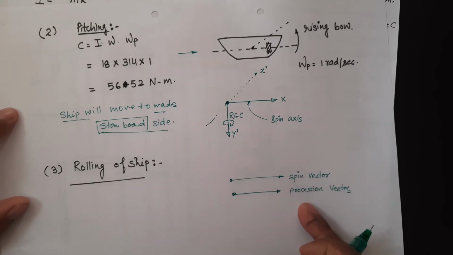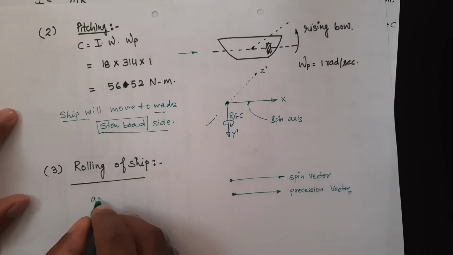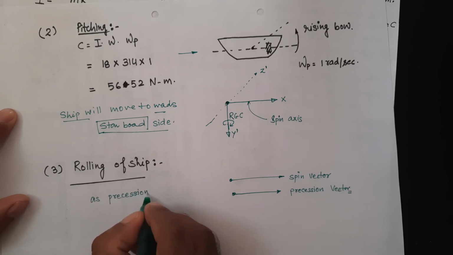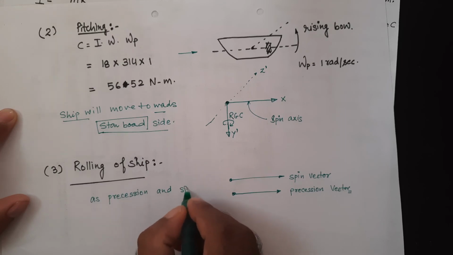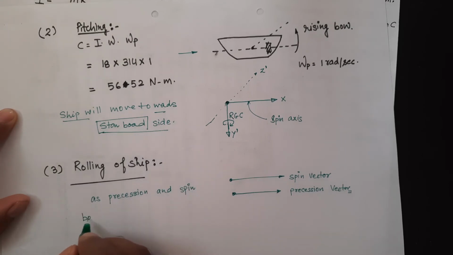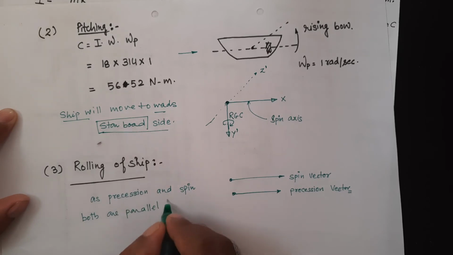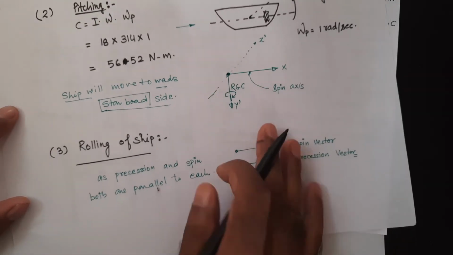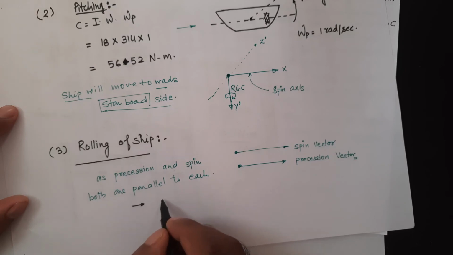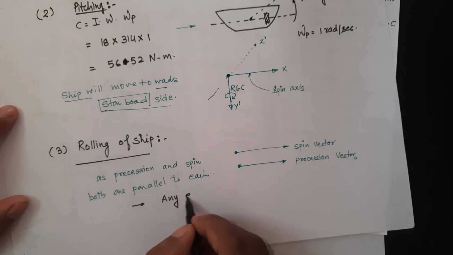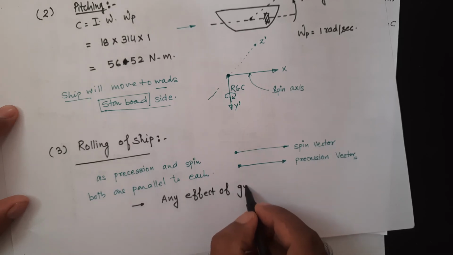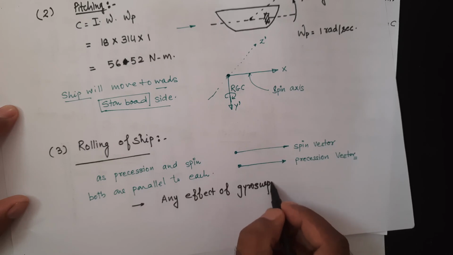So as the spin vector and precession vector are parallel to each other, in this case we do not have any effect of gyroscopic couple.